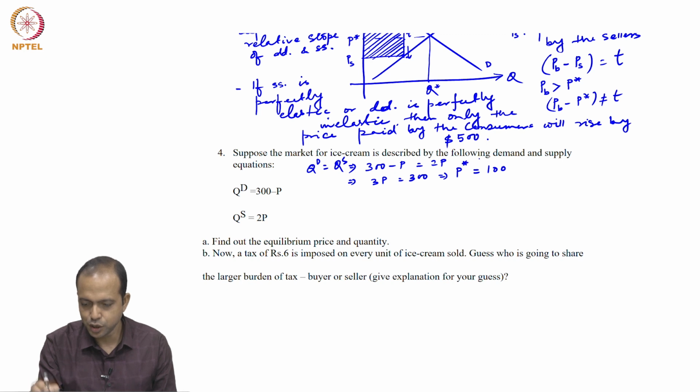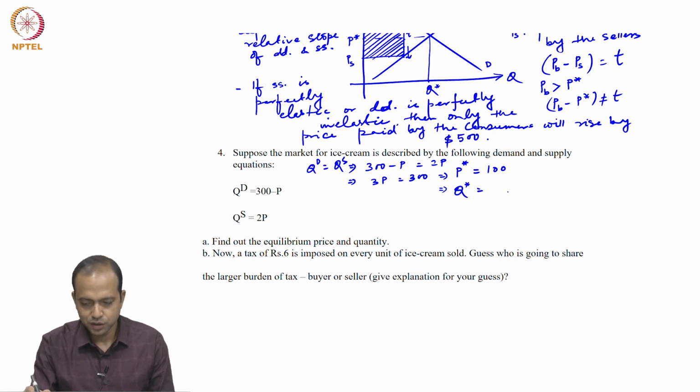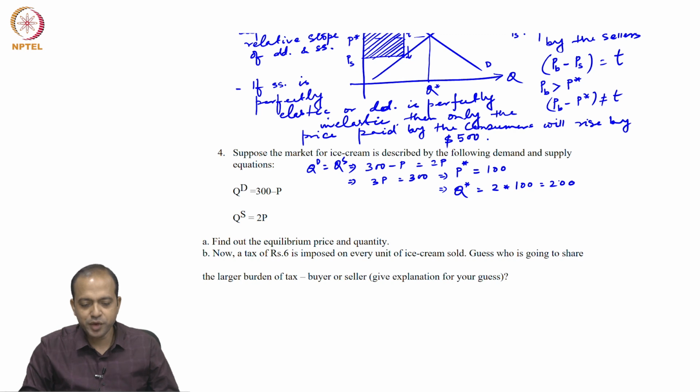This is what I call P star, and this implies Q star would be, if you put 100 here, Q star equals 2 into 100 equals 200. This is the equilibrium price and quantity. Okay. So, this is an application of the theory we have just discussed.